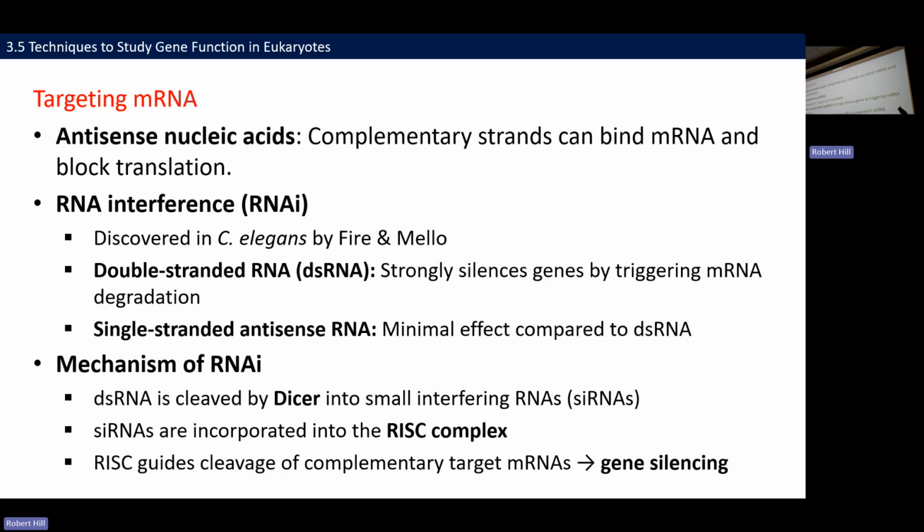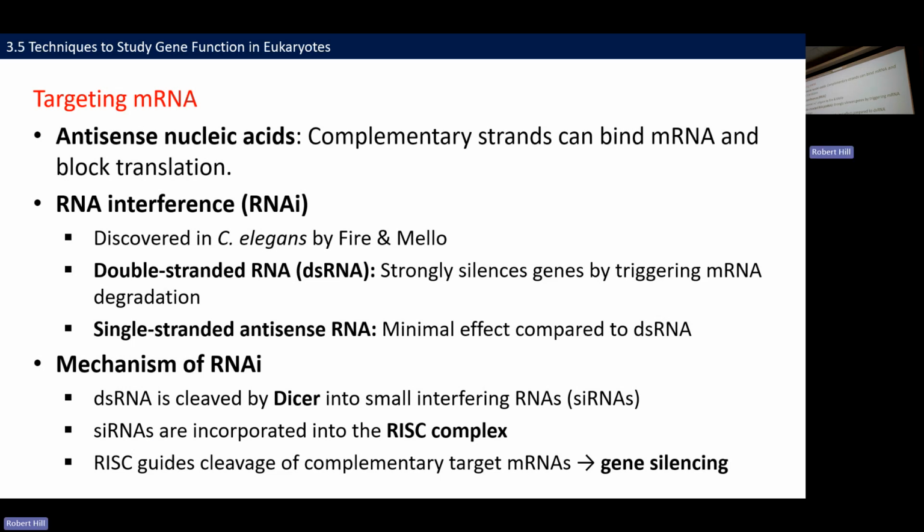It's very easy to do in C. elegans because it's very easy to introduce that double-stranded RNA to it. In fact, you could just feed it to them and it will work. It's a pretty robust effect, and you can actually create mutant worms that look different by this method.